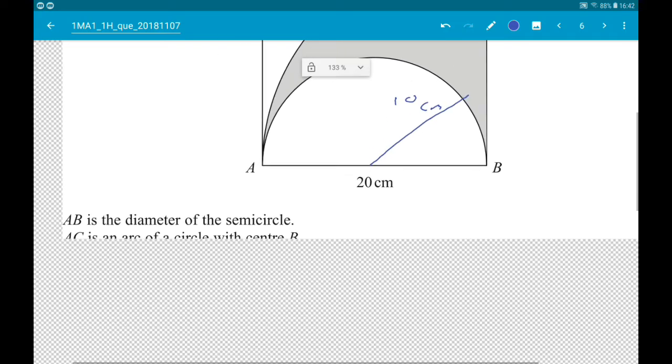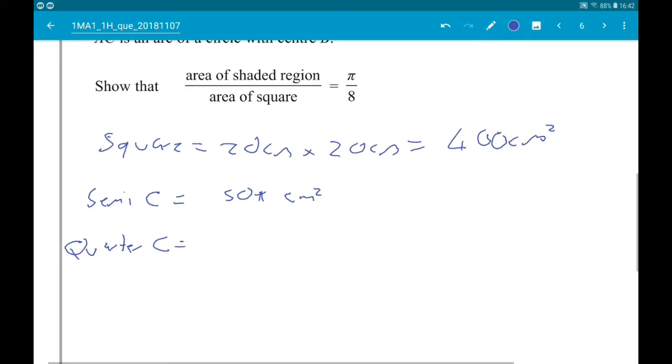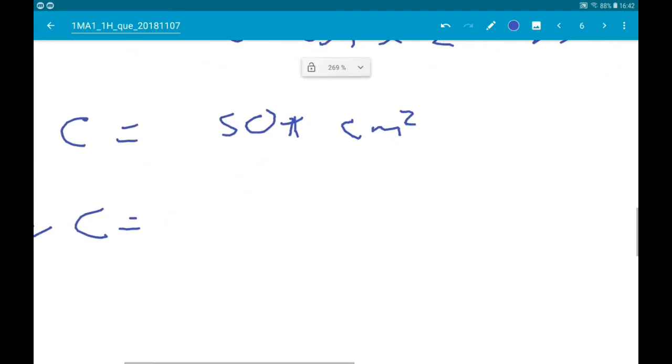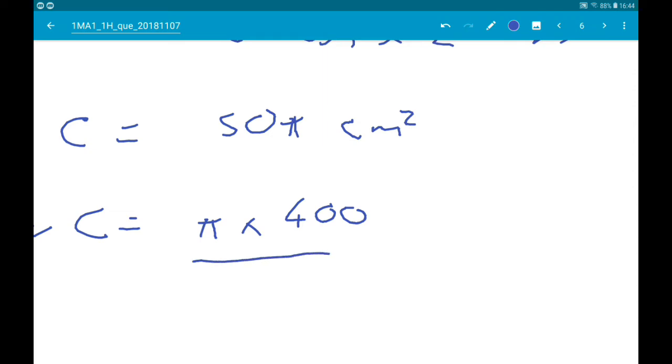So, we're going to get pi times 400 all over 4, which is 100 pi centimeters squared.